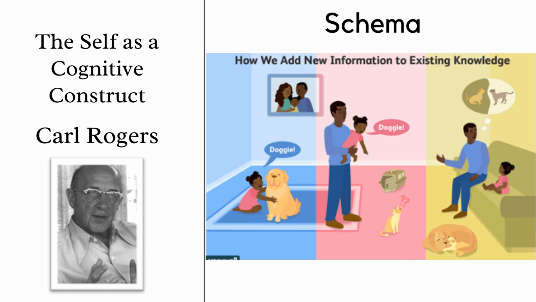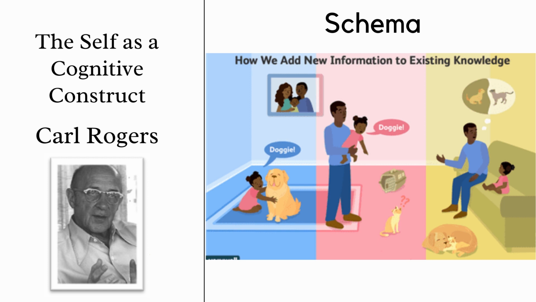It has four legs, it has hair, and it has a tail. Once the child is corrected and told that it is not a dog but a cat, the child will modify or will change her existing schema or knowledge of the dog, and then the child will create a new schema for a cat.